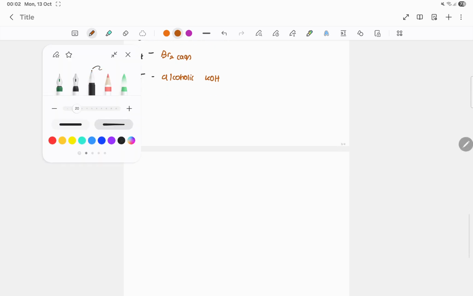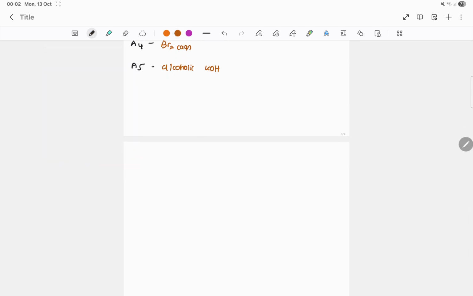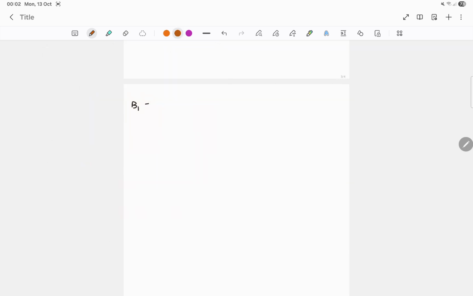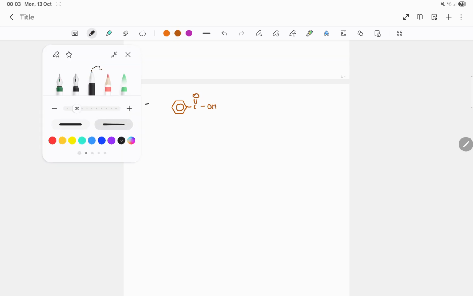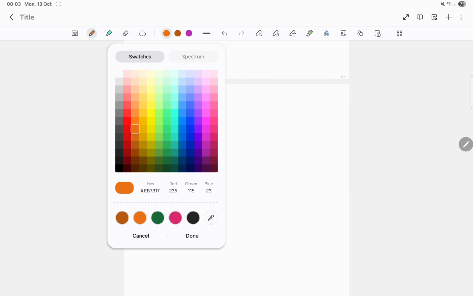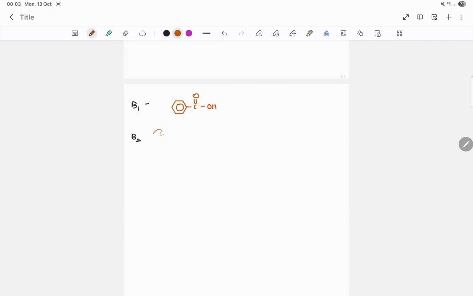Then we will check and see who is B1 to B4. B1 will be this guy. Then B2 will be a nitro group attached to this B1.